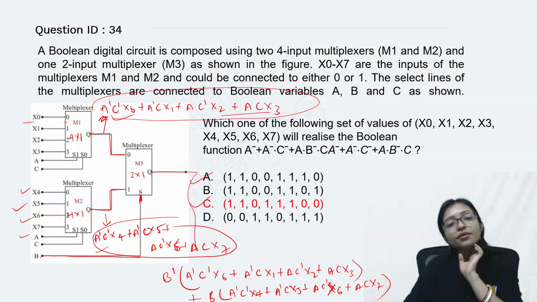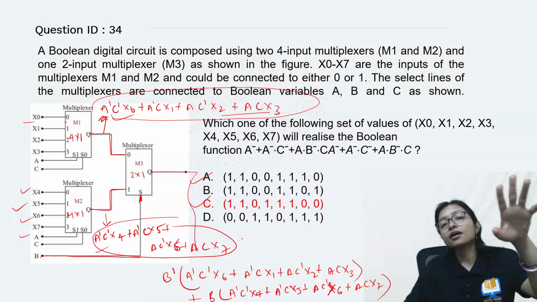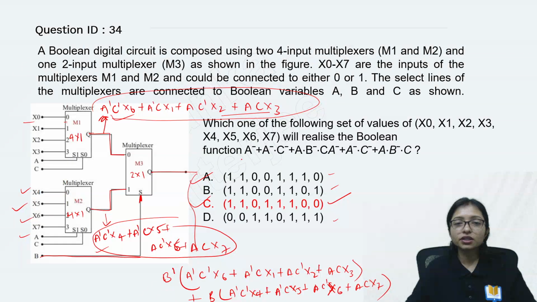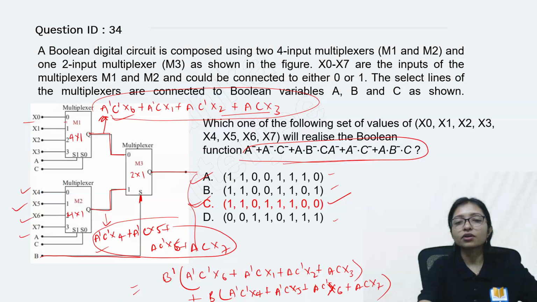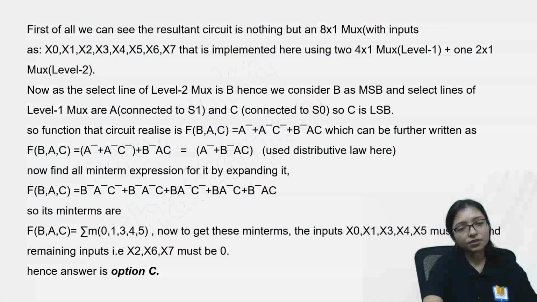Now you multiply this and try to do the simplification. Then put this value, directly put the option. After putting the option you will see where you get this equation. This is the best way. So like this you will get it, and your answer will be this one.